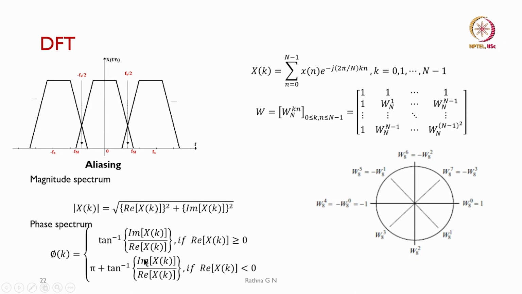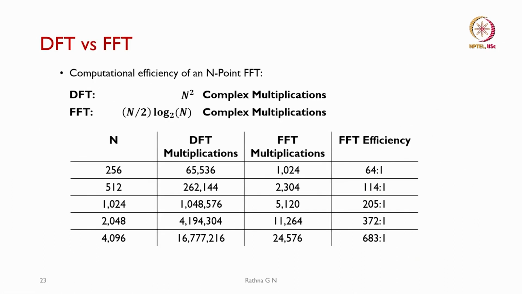We went on in the DSK board to implement the same thing, and we did some comparison. The DFT needs order n squared complex multiplications, which can be reduced to n by 2 log 2 n complex multiplications in the case of FFT, and we have shown the ratio for different orders of the input.